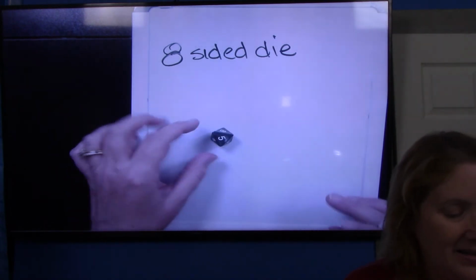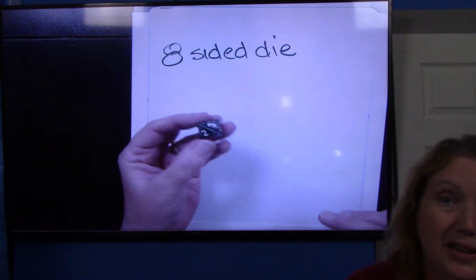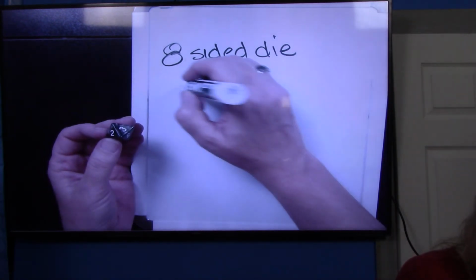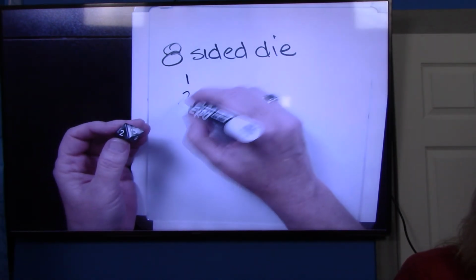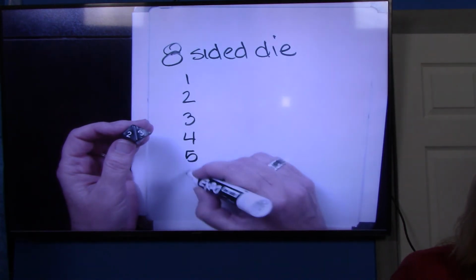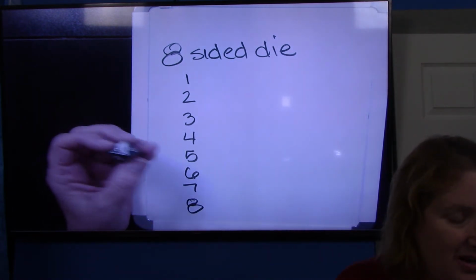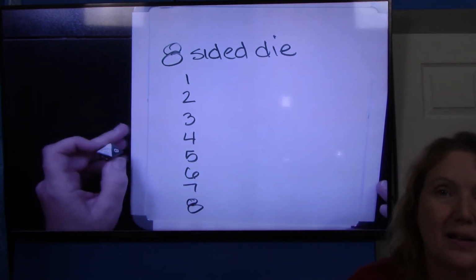So in that case, I want to check and see what numbers are on here. And I took a look at it and I have the numbers 1 through 8. Okay, so here we have our possibilities.